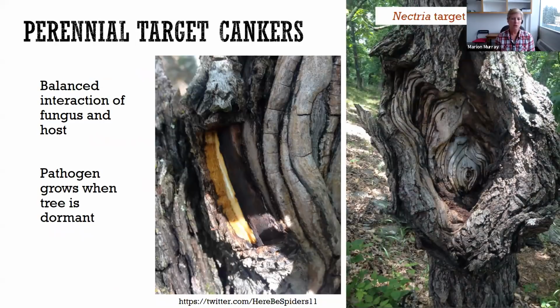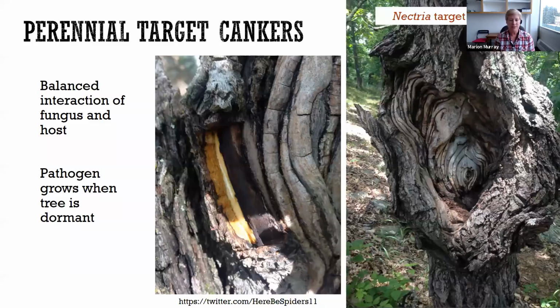And then you guys may have seen this type of canker. It's called a target canker or bullseye. What's happening is there's a balance between the pathogen, in this case it's mostly a fungus, and the growth of the tree. So the pathogen, the fungus, only grows when the tree is dormant in fall, winter, early spring.